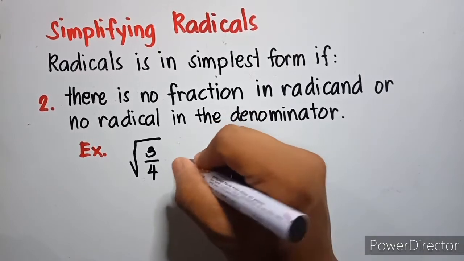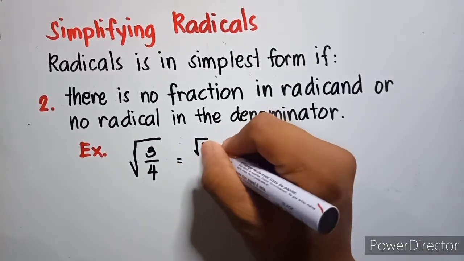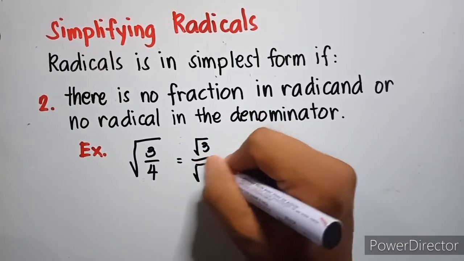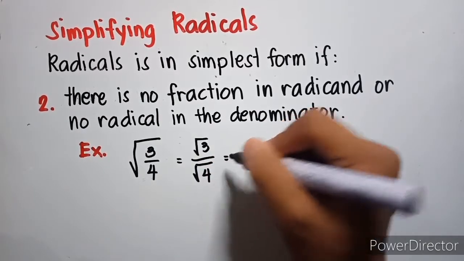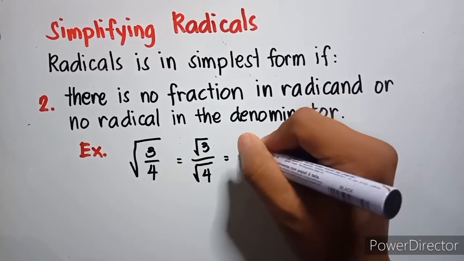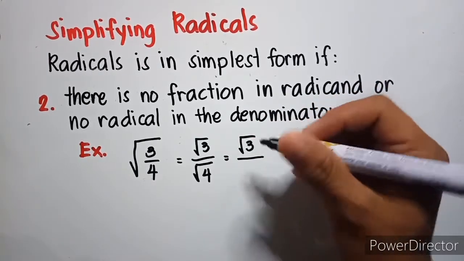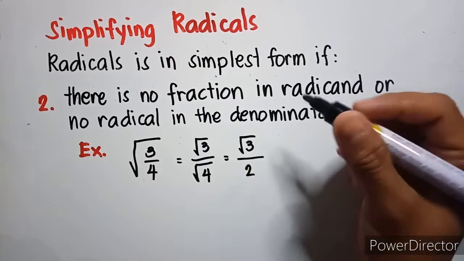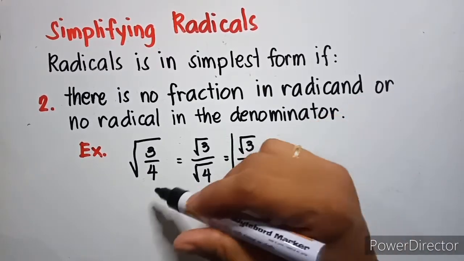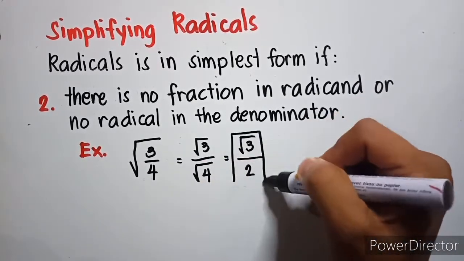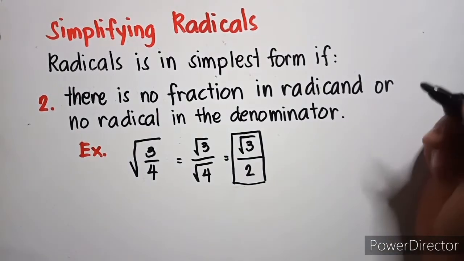This can be written as square root of 3 over square root of 4. And square root of 3, wala tayong perfect square, so just copy square root of 3. Then, the square root of 4 is 2. So, the simplified form of square root of 3 over 4 is square root of 3 over 2.